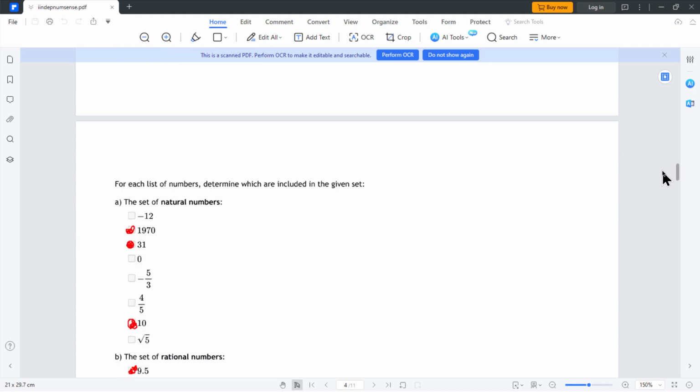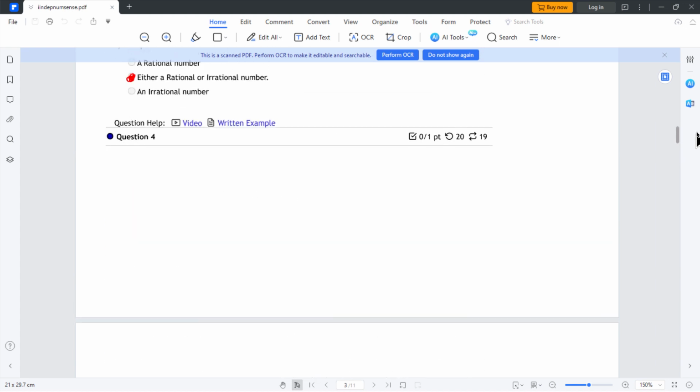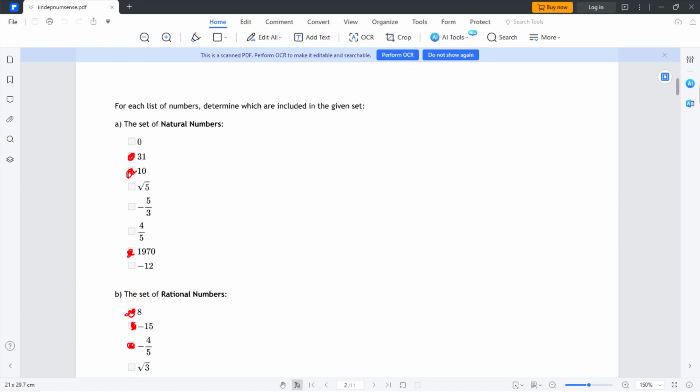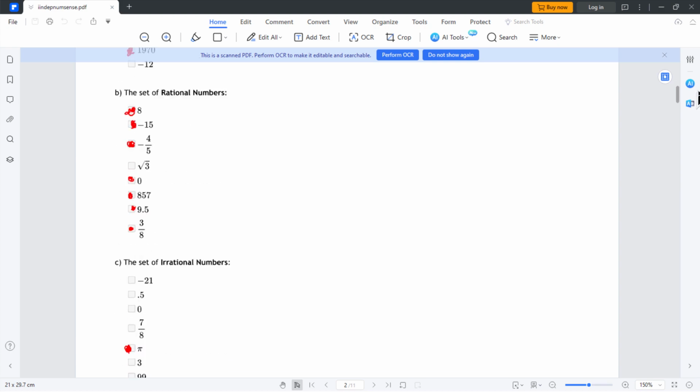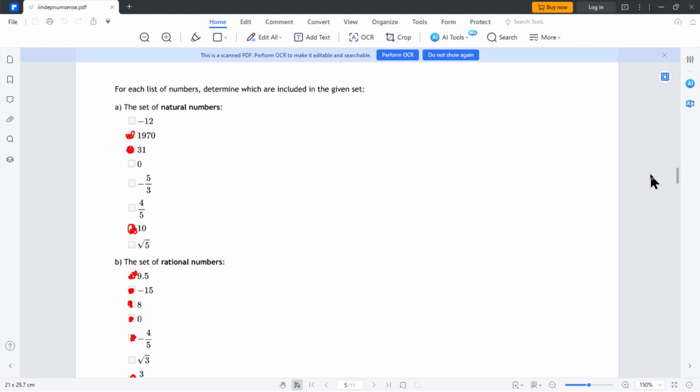Please list of numbers determine which are included in the set of natural numbers. The set of natural numbers here. Let's see if that's the same as 2. Set of natural numbers.